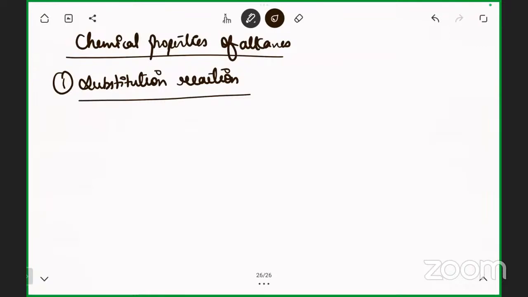We have learned in the lower classes. What is a substitution reaction? No one knows the substitution reaction. See, when one element gets substituted by another element, that is called a substitution reaction. I think you have learned.